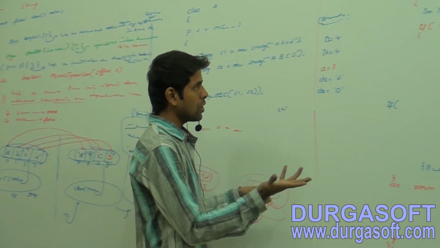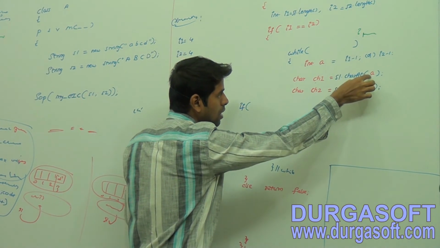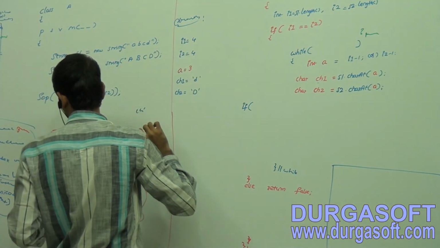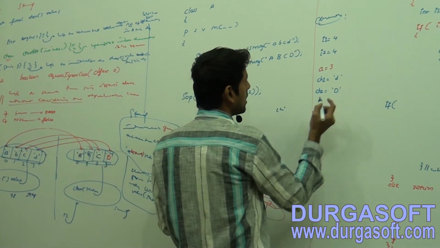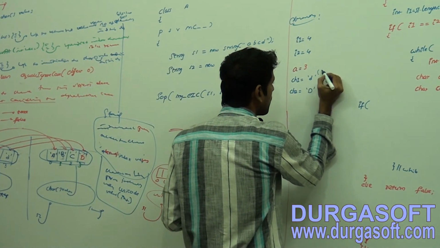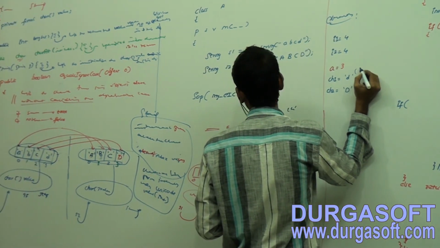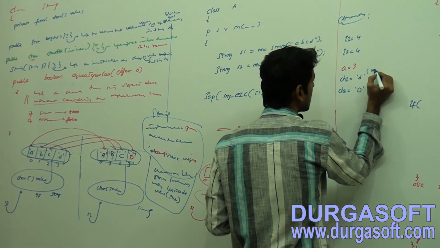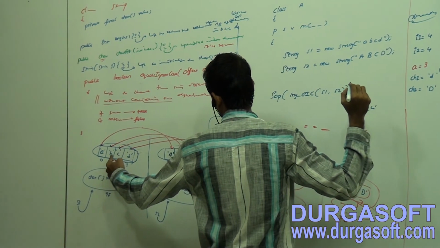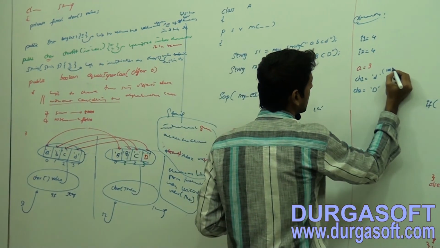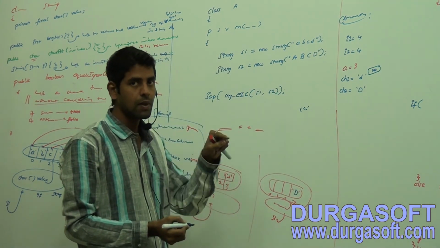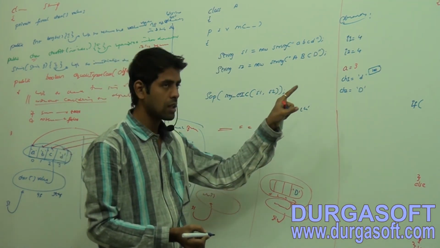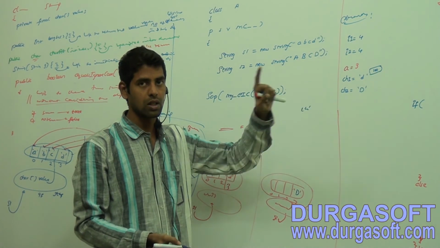Here you are taking s1 dot charAt of the third index. What are you taking? Small d. It will internally assume 100 Unicode. That is the trick, that is the weapon to write this logic, understand?